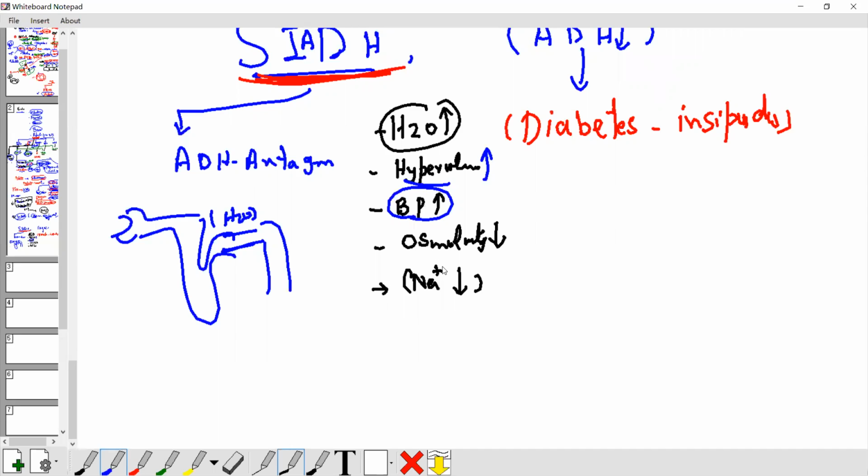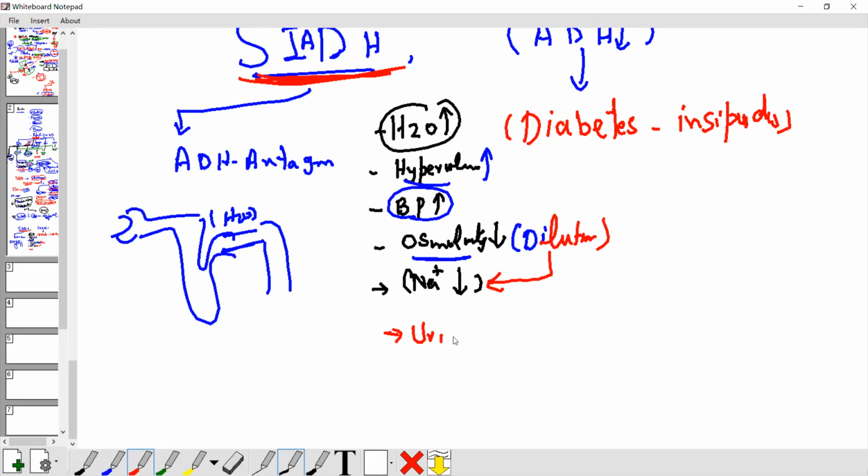And what happens inside the blood? Osmolarity decreases, because you are just absorbing water. This is known as dilution. When there is dilution, what happens with the solute? Sodium will be less because you are just putting water inside. So hyponatremia. With this hyponatremia, what happens with urine?